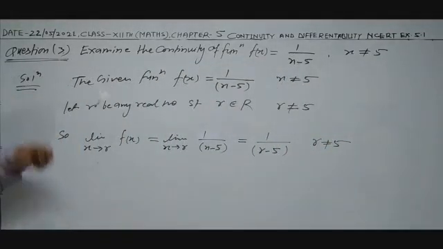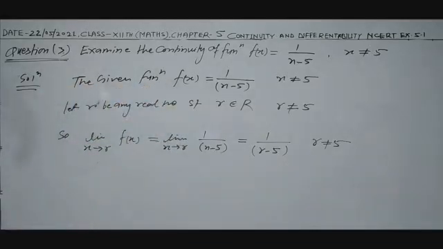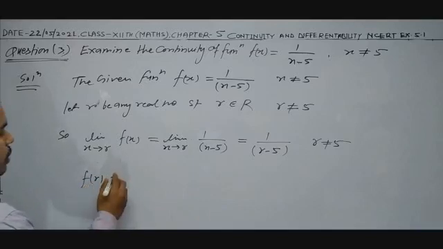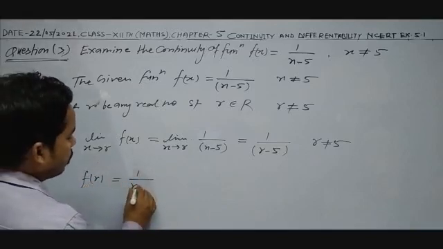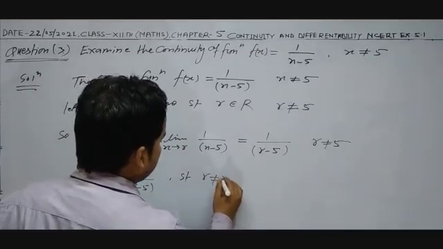And the value of the function at a given point, suppose small r, we have to check the continuity. So f of r is equal to 1 upon r minus 5 such that r is not equal to 5.